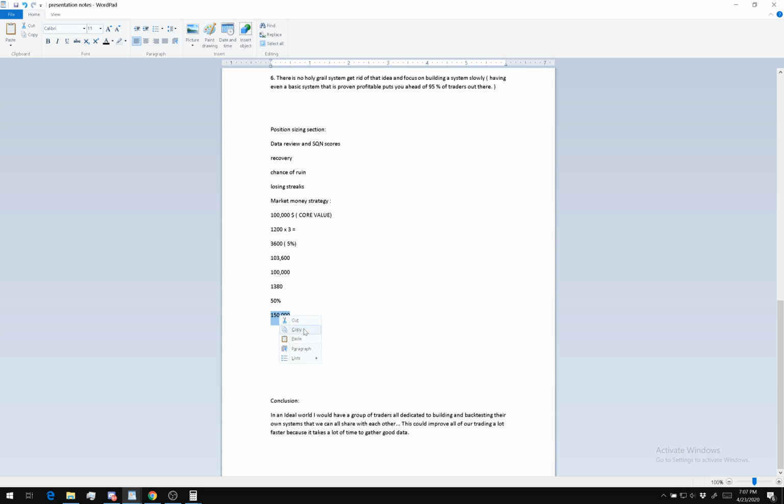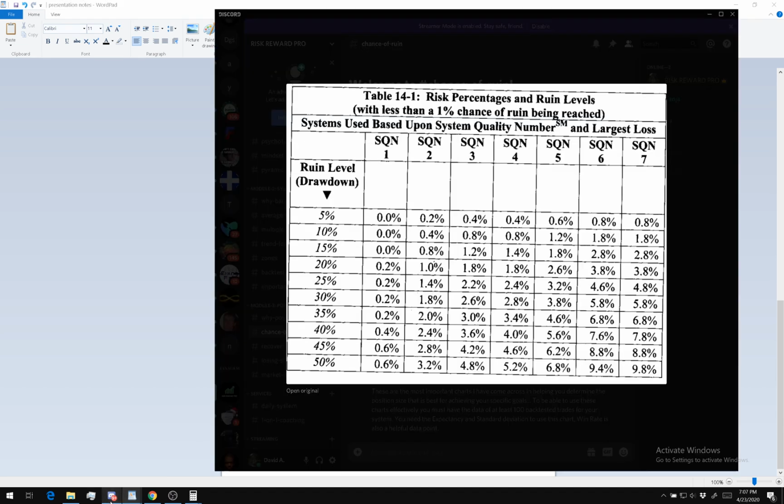So now instead of a $100,000 core value, $150,000 is your core value. So in order to protect your core value again, you go back to your initial risk percentage of 1.2%.